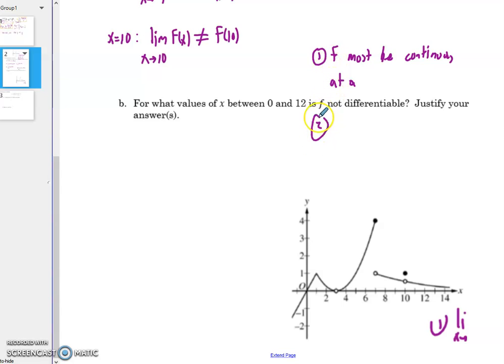And the second requirement is that the slopes from the left and the right have to be the same. So you can't have any sharp corners or cusps, like this down here at x equals 1, which looks like a place where the derivative is not going to exist. But the first thing is that it has to be continuous. The second thing is that the slope from the left and the right have to be the same.